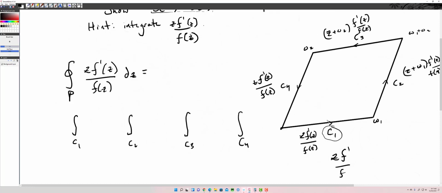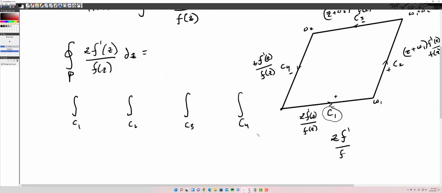Further, C1 I'm going to call a positive orientation compared to C3, which is negative. C2 would be positive compared to C4, which is negative. Another way to look at this is if I call this one positive, this one would be negative. But I'm going to stick with this counterclockwise orientation, showing, really importantly, that the direction of this side is opposite the direction of this side.